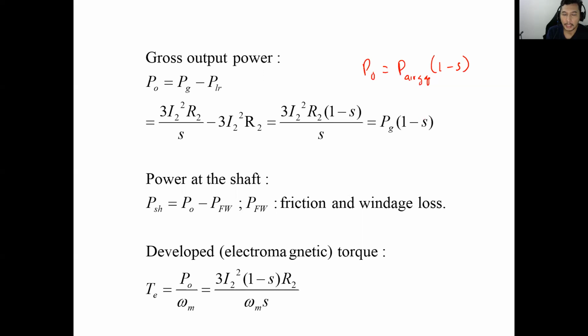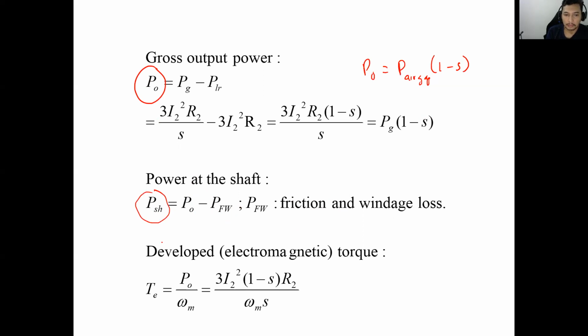Okay, and for the power at the drive shaft, you need to consider the friction losses. So for the power at the drive shaft, you take P out minus the friction losses. So this is the net power at the drive shaft.